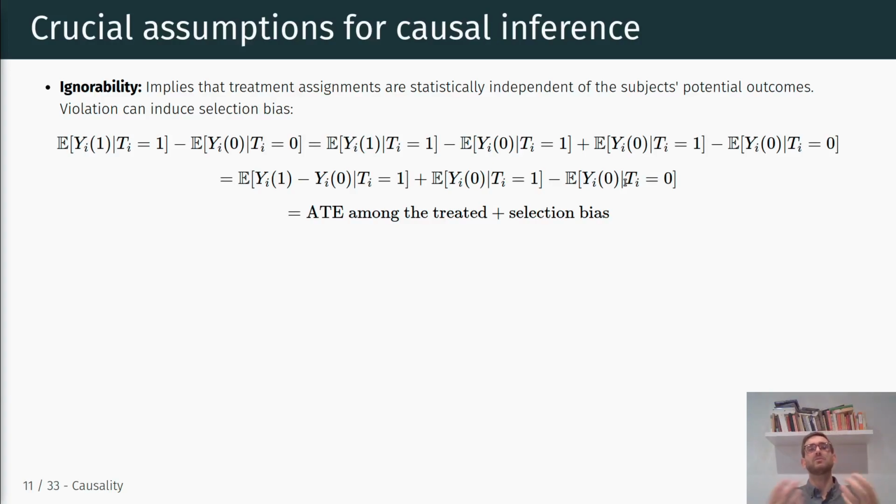So bringing this back to our example, what does this mean? In our example of minimum wage and unemployment, selection bias occurs if states that implemented the minimum wage had a higher or lower baseline in unemployment than states that didn't implement the minimum wage. Okay.